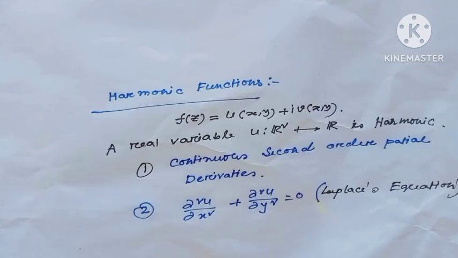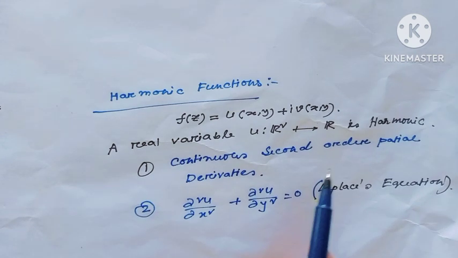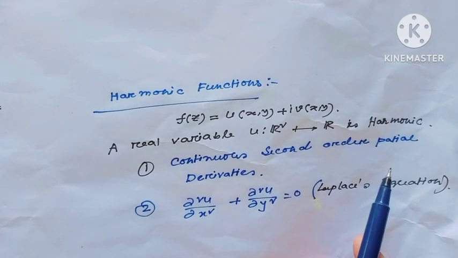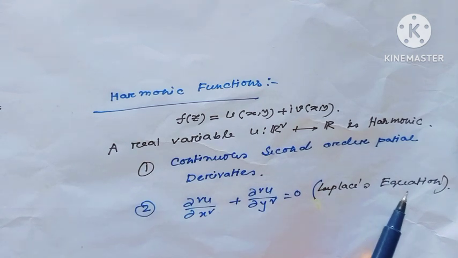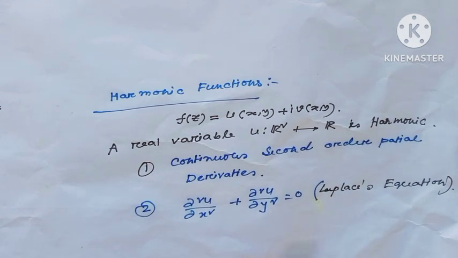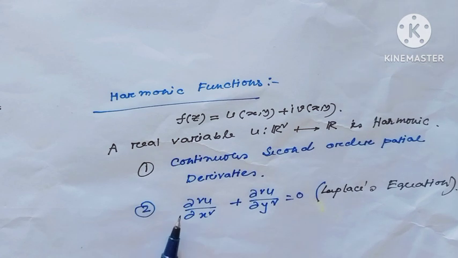In a better way, consider f(z) = u(x,y) + i v(x,y). A real variable function u, defined from R^2 to R, is harmonic if it has continuous second order partial derivatives, and since harmonic means it satisfies the Laplace equation, that means del^2u/del x^2 + del^2u/del y^2 = 0.